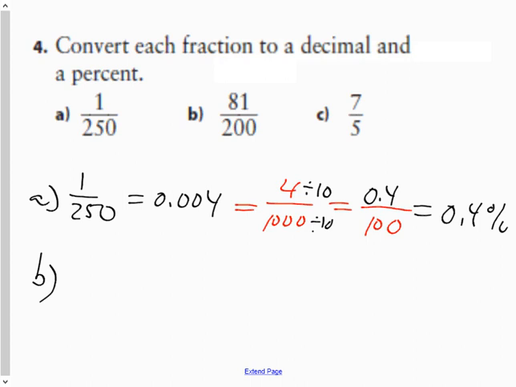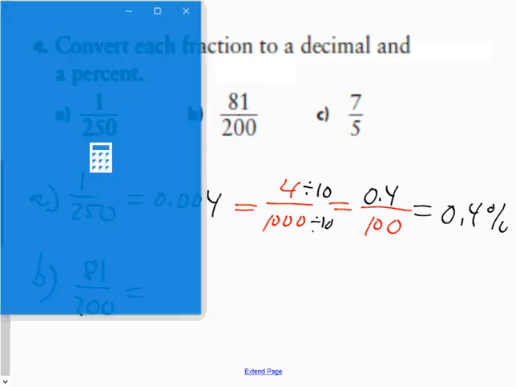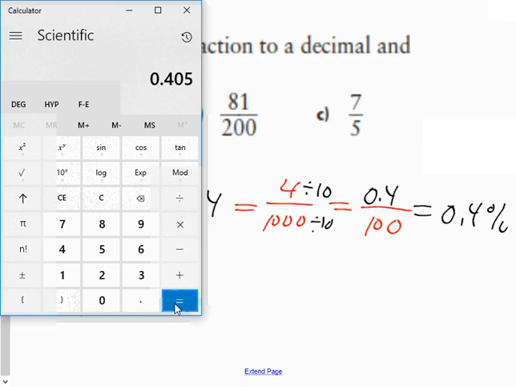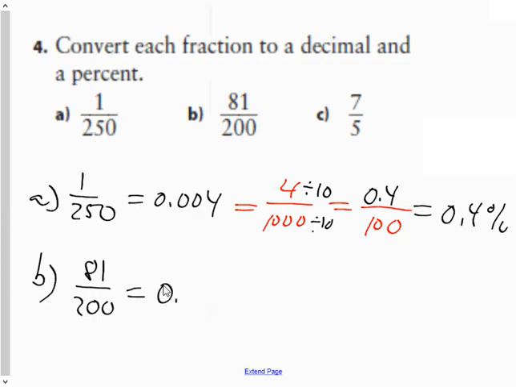In your second question, B, 81 over 200. Changing it to a decimal, the easiest way is 81 divided by 200, which is 0.405, which of course is equivalent to 405 thousandths. This is really the important part: knowing that this is 405 thousandths, and the decimal is read the exact same way.